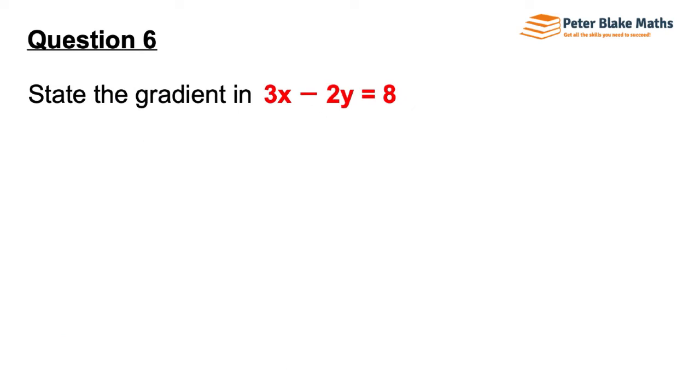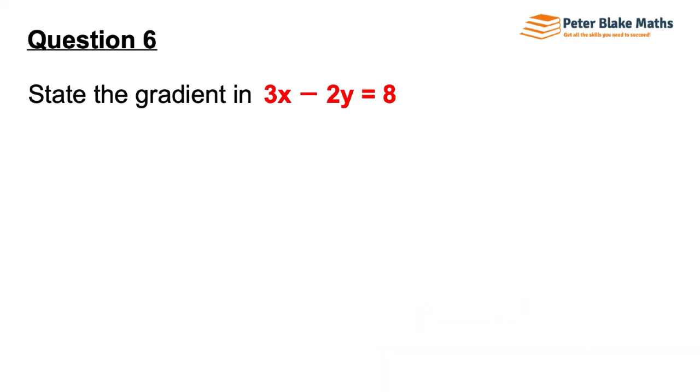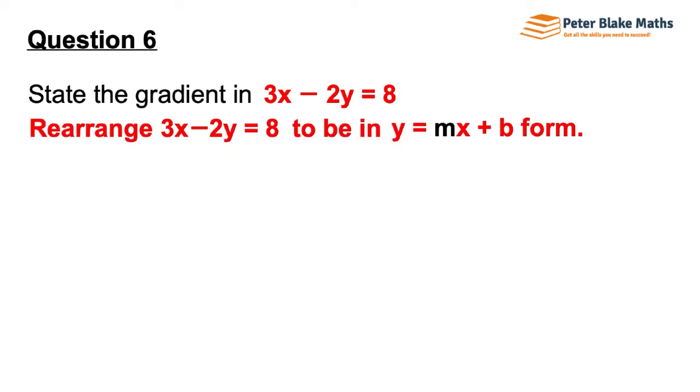Question 6. State the gradient in 3x minus 2y equals 8. Right, we can rearrange 3x minus 2y equals 8 to be in y equals mx plus b form, and then we can read off the m part, which becomes the gradient, but it's got to be in the right format first. We want a positive y value, so let's add 2y to both sides first.